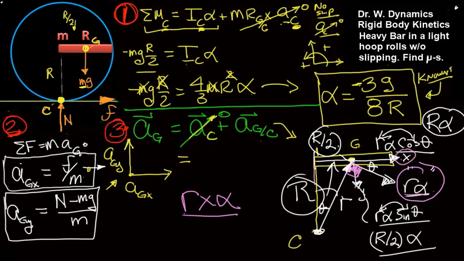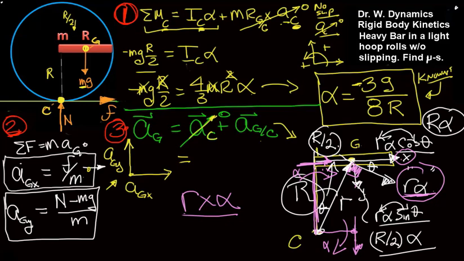So the x component of that would be this distance, r times alpha, and that would give us the x component. And to get the y component, it would be this perpendicular distance here times alpha, and that would give us the y component. And together they become the overall component. So sort of a neat little trick.